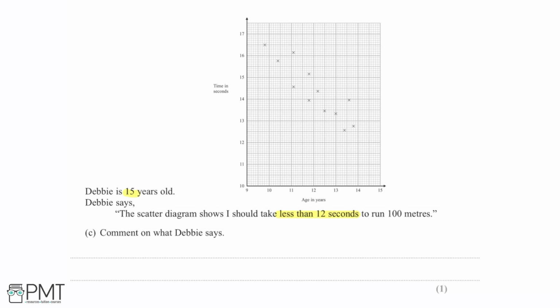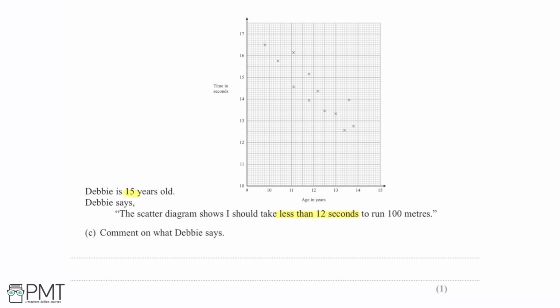So if I have a look at the age of 15 years old, and go up to about where we'd expect the general trend to carry on to, it would be somewhere around the 12 second mark. However, as the points finish here, so the oldest person is somewhere between 13 and 14 at this point, this is what is known as extrapolation.